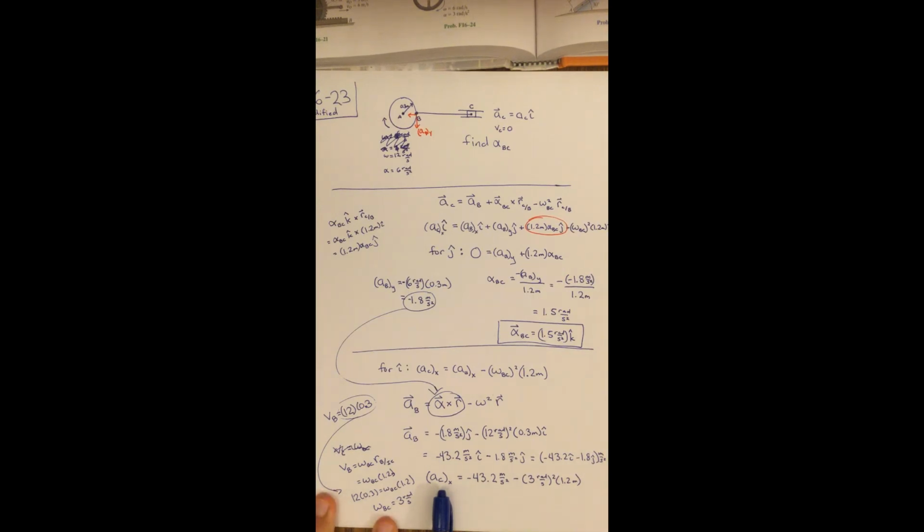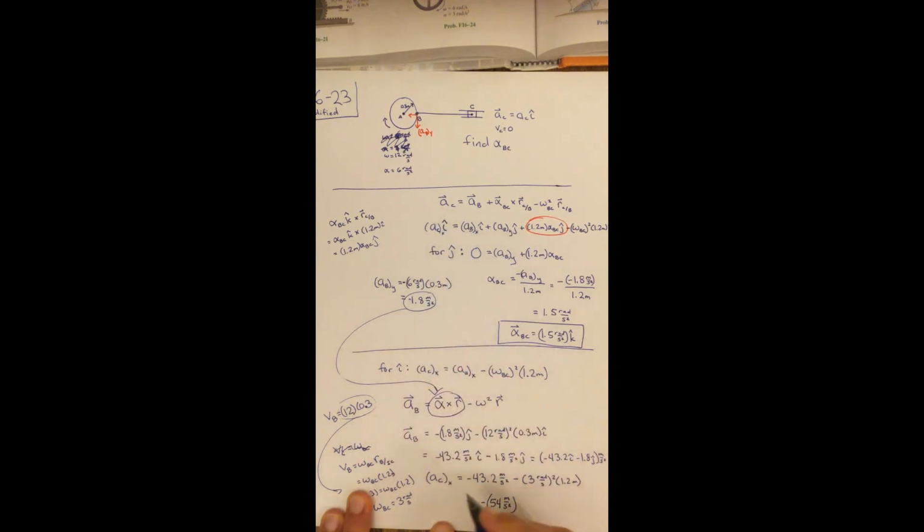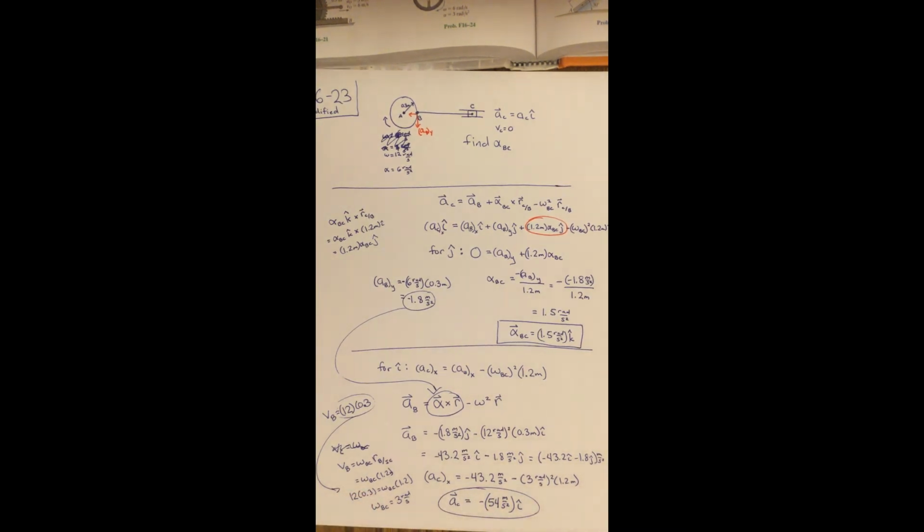And that gives me negative 54 meters per second squared. Remember that we said the acceleration of C is just going in the x direction. So, well, let's circle it. They didn't ask me to find it, but I found it anyways. Okay, so that's negative 4 meters per second squared.